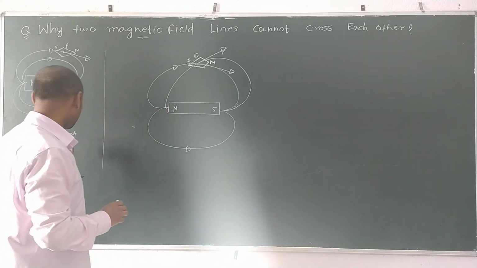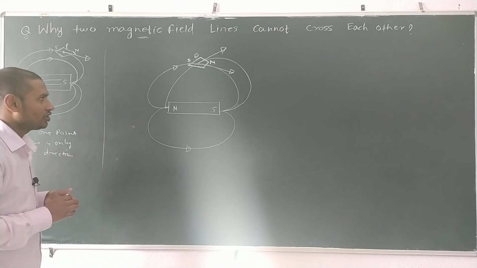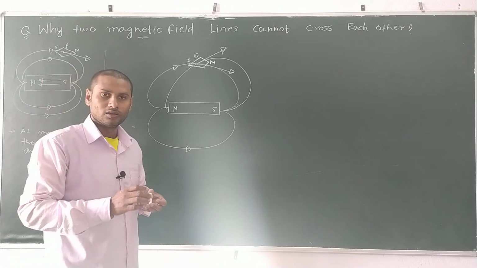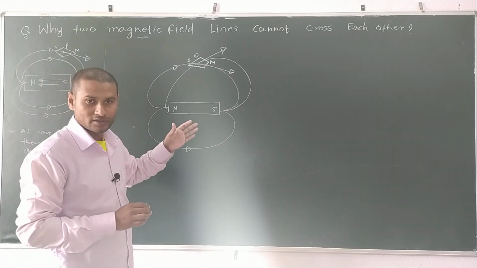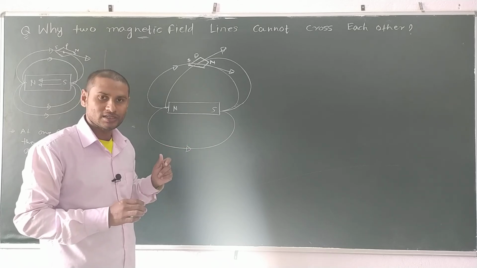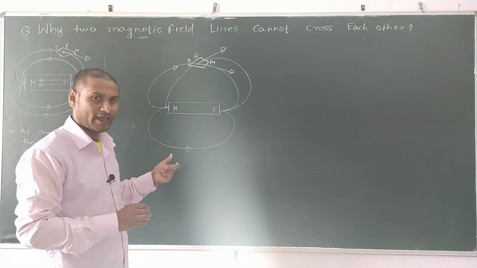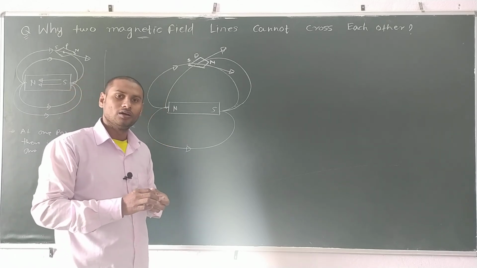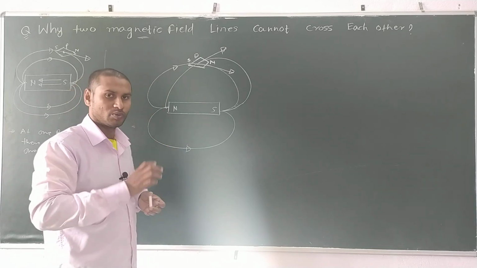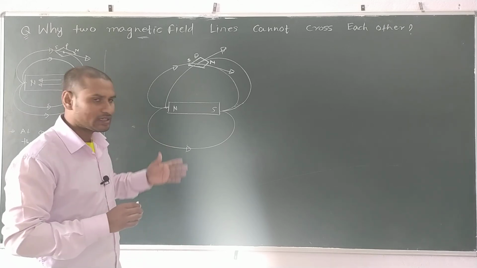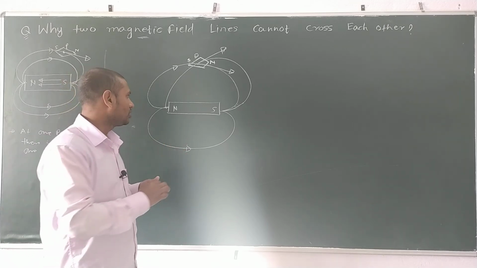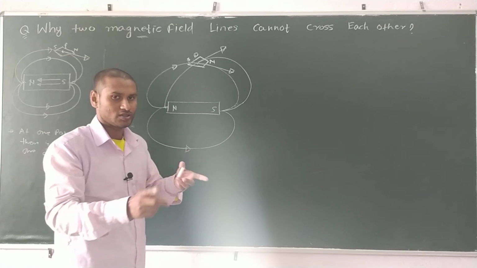So we get a contradiction. When we find the direction of the magnetic field at the point, we draw tangents, and we can draw two tangents here, which contradicts the fact that there is only one direction at one point. So we can say that magnetic field lines cannot cross each other.